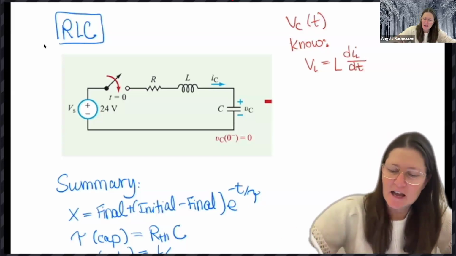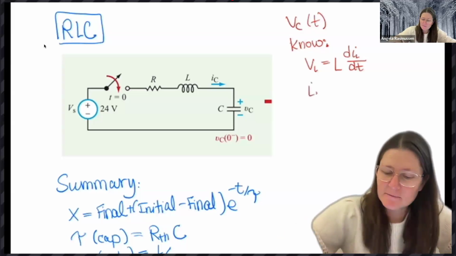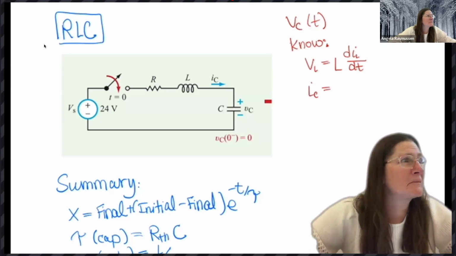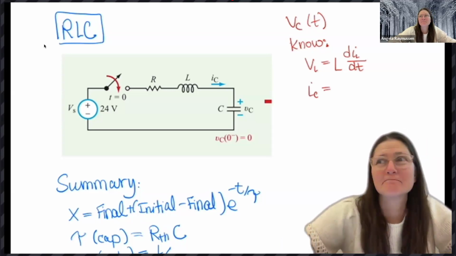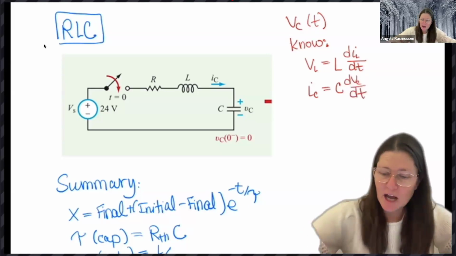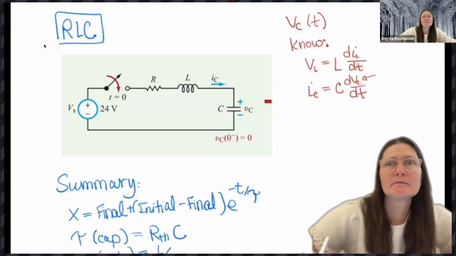Correct. And IC. What's the equation for IC? Okay, so we know those. So now we have an equation, right? We have VC here, but that's not really helpful.